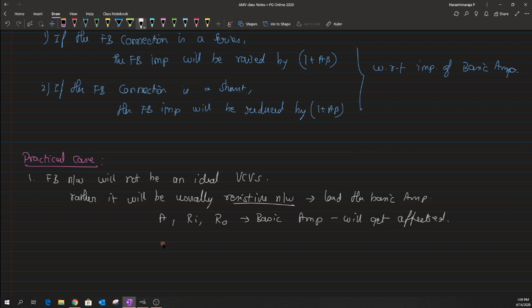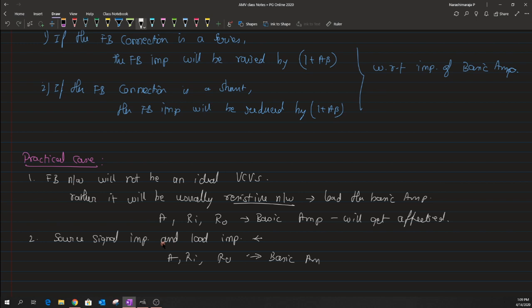The next one is that we'll also consider more practical conditions, like adding the source signal impedances and the load impedances. We'll be considering those resistances as well. When we add these two impedances, all three parameters A, Ri and R naught of the basic amplifier will again get affected.